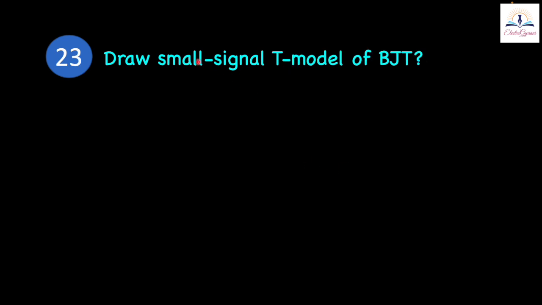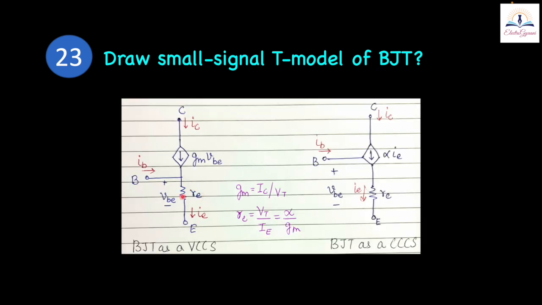Now next is, draw the small signal T model of BJT. Here we have used the small signal emitter resistance. This emitter resistance is given by VT upon IE, or alpha upon gm. VT is once again the thermal voltage equivalent and gm is IC upon VT. And once again here the collector current is given by gm VBE, where VBE is the small signal base emitter voltage.